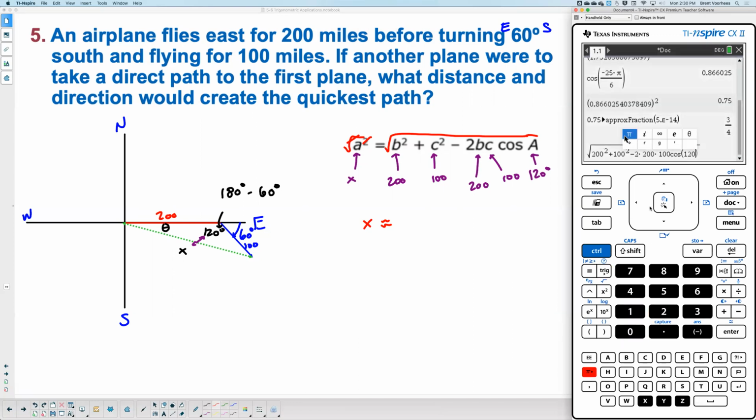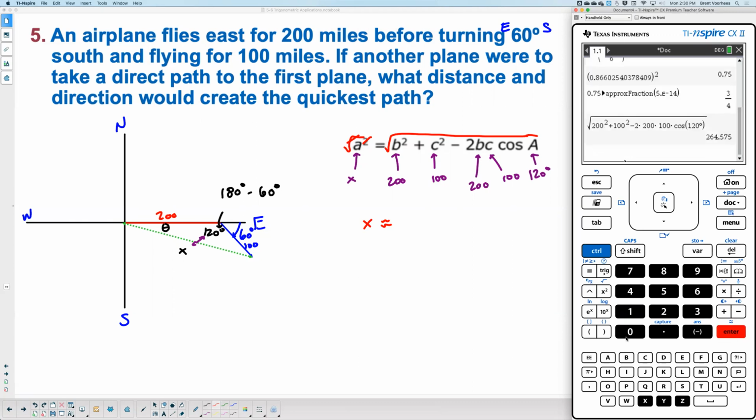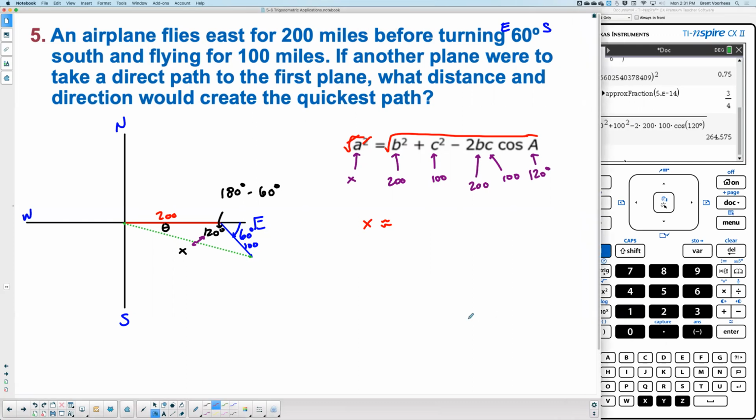And again, make sure you're in degree mode, or you could press the pi button and choose the degree symbol just to always make sure you get the right answer. That'll always work no matter what mode you're in. I'm getting 264.575. This would be in miles. That's the distance traveled of that airplane.